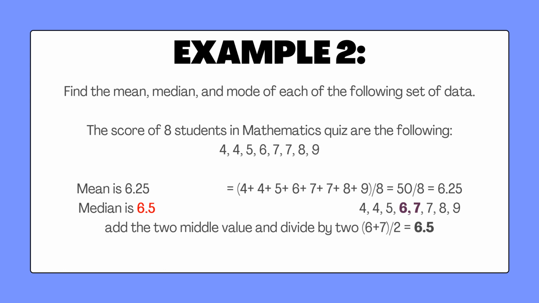As there are 8 numbers, the median is the average of the two middle numbers, which are 6 and 7. Median is equal to the sum of 6 and 7 divided by 2, and that is 6.5. The mode is the number that appears most frequently in the data set. In this case, both 4 and 7 occur twice, making them bimodal.